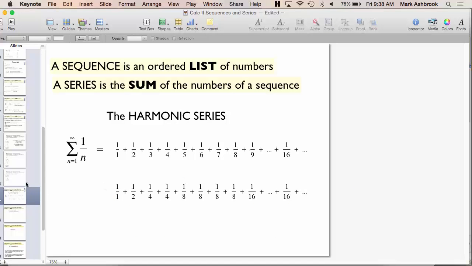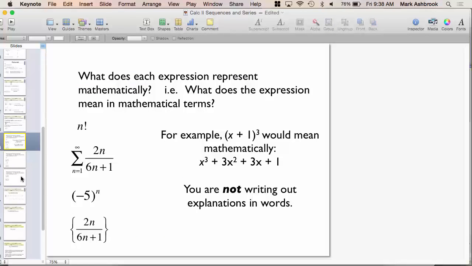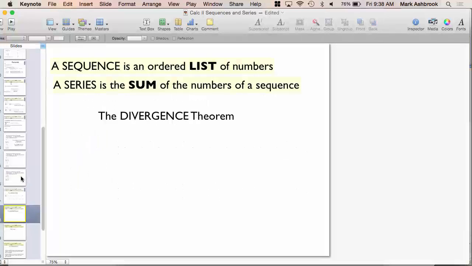let's go back to the divergence theorem and summarize what we were talking about there. No, not a corollary.